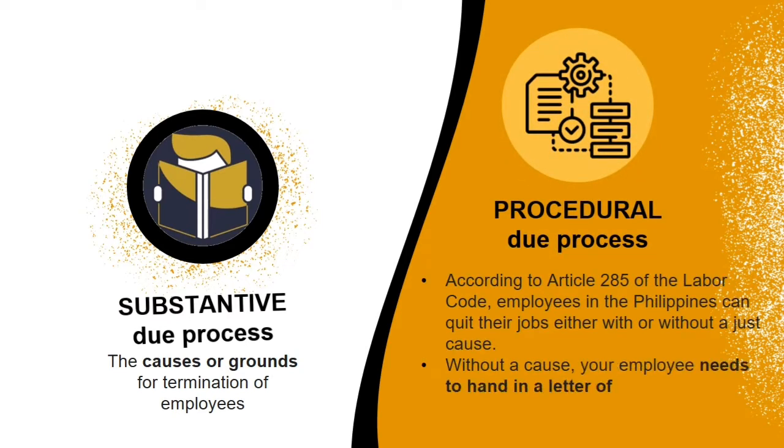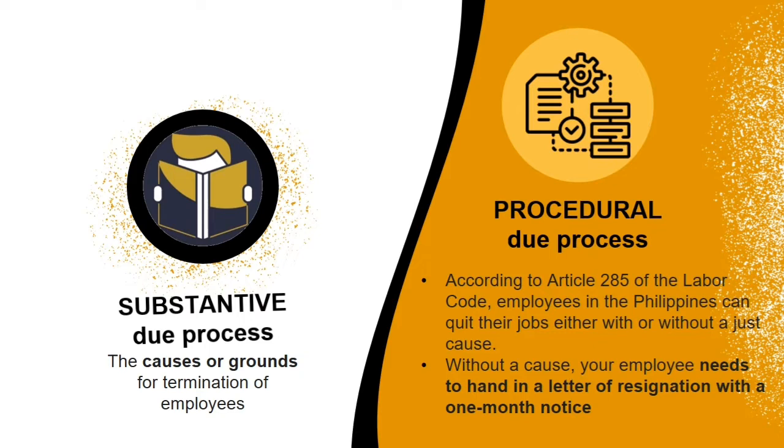According to Article 285 of the Labor Code, employees in the Philippines can quit their jobs either with or without a just cause. Without a just cause, the employee needs to hand in a letter of resignation with a 1-month notice.